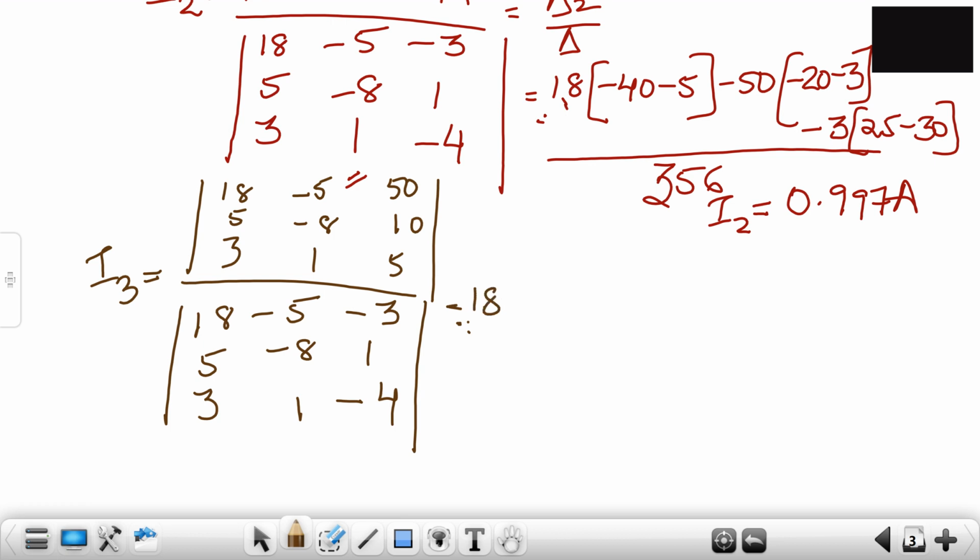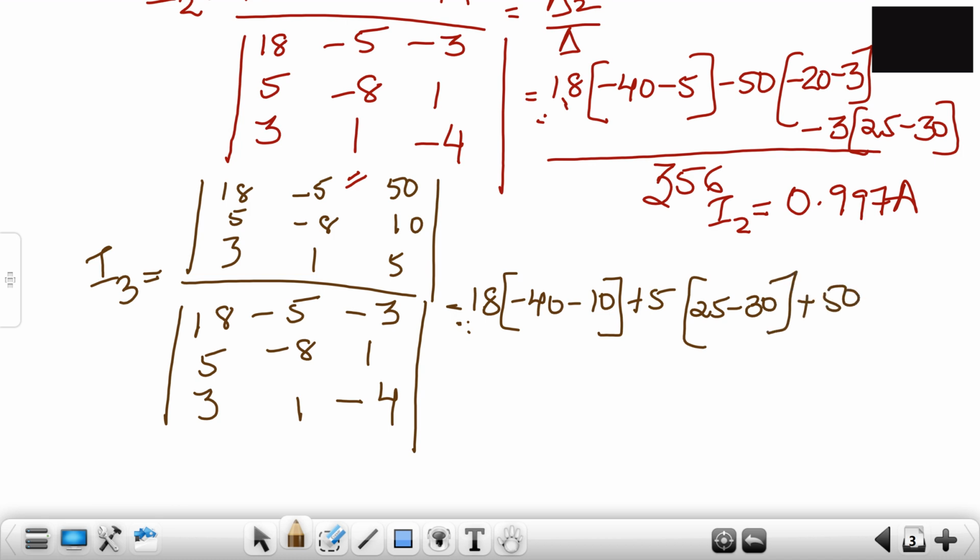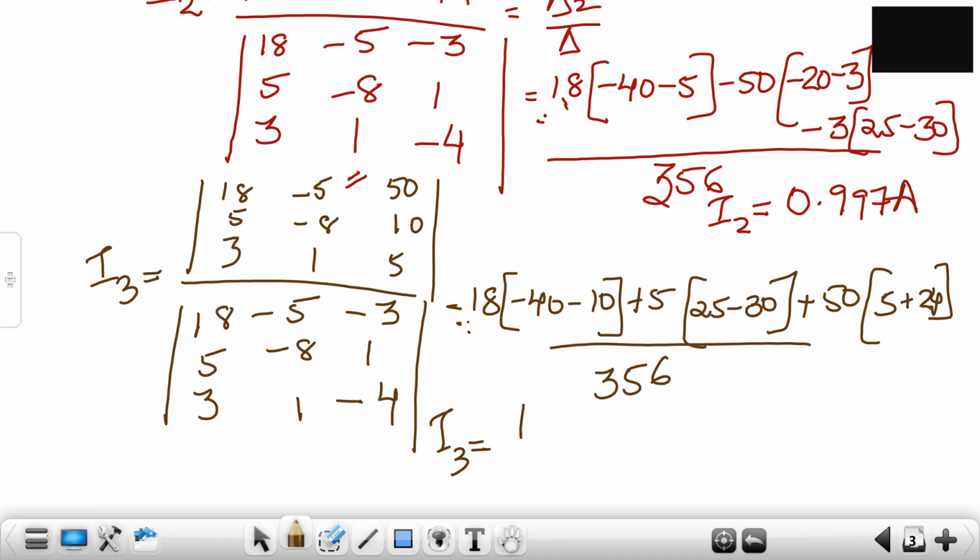If you solve it, upon 356, I3 is 1.47 amperes.